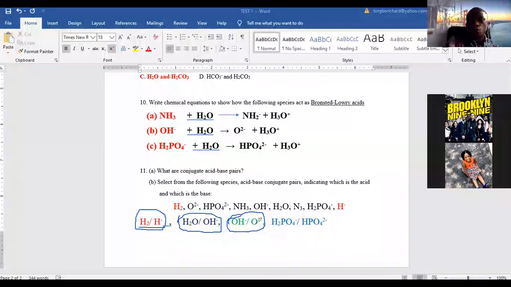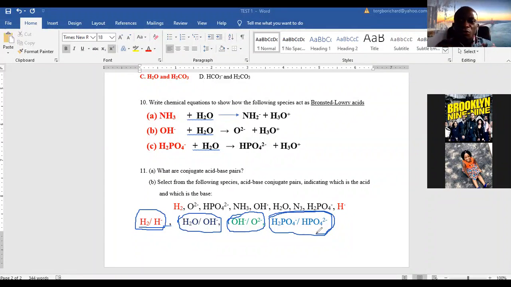So they also constitute an acid-base conjugate pair. And the last one is the dihydrogen phosphate ion and the hydrogen phosphate ion, where the dihydrogen phosphate ion is the acid and the hydrogen phosphate ion is the base. That's as far as you can get.